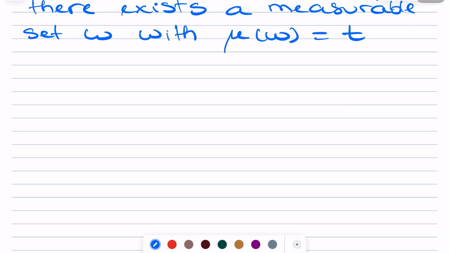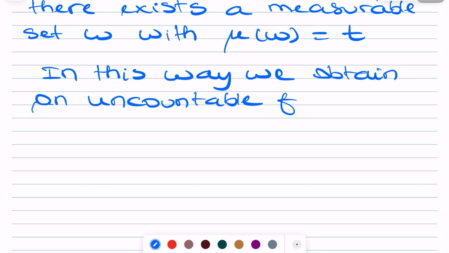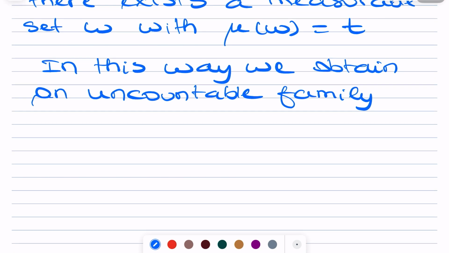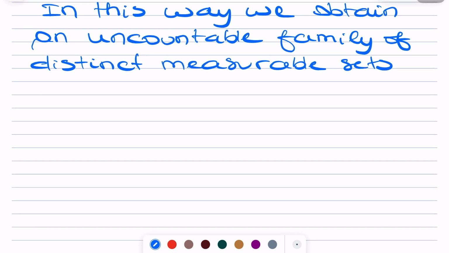So in this way you obtain an uncountable family of distinct measurable sets, say W_t, t running over R.